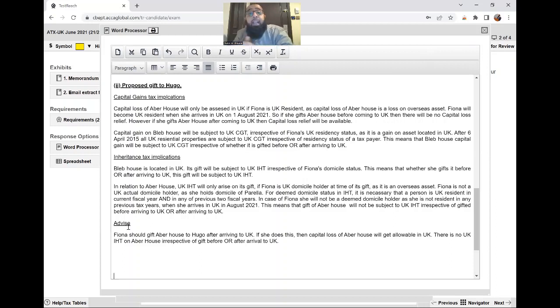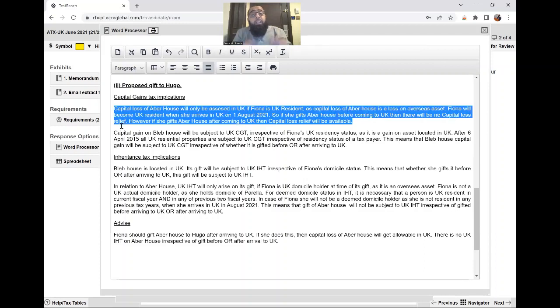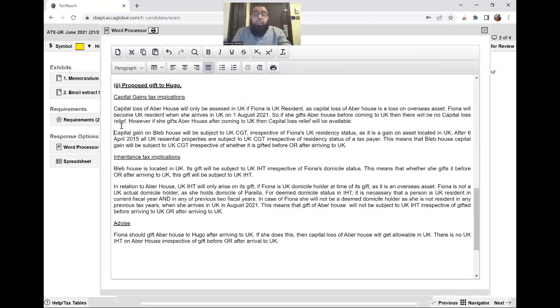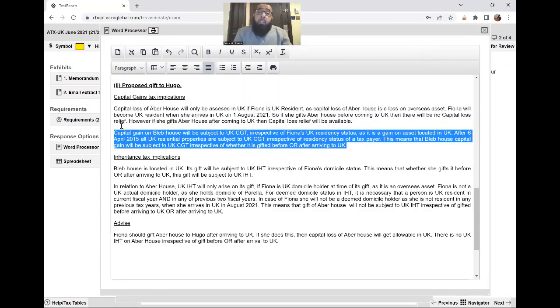For an overseas asset, the loss is only allowable if you are UK resident. For a UK asset, the gain will be chargeable always.